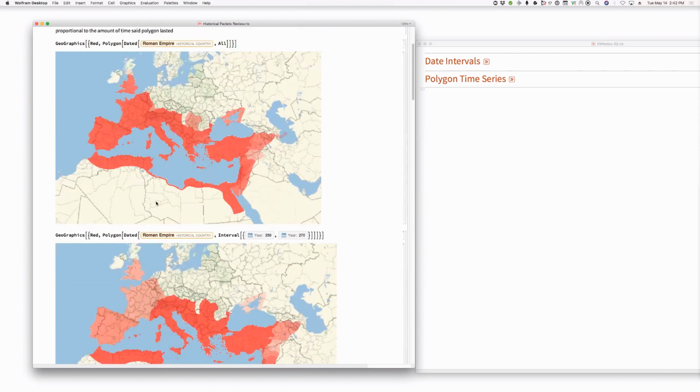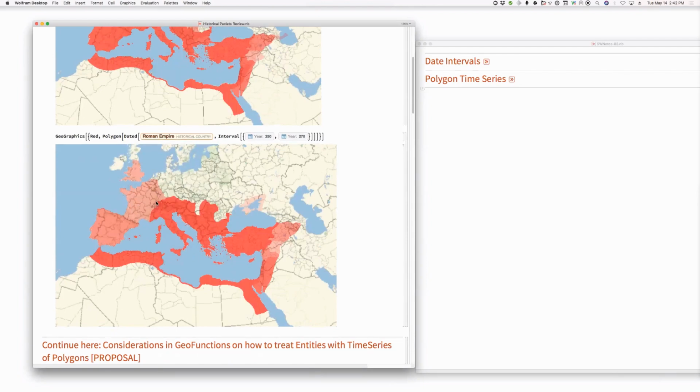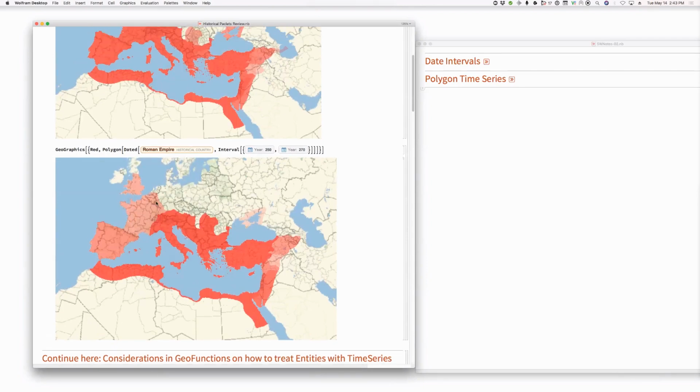But I think people are going to want that. That was another thing we discussed, right? What happened with that discussion of being able to list things, some kind of weighted geographics where you could in principle list something? It's similar to geo-region value plot, if I'm not mistaken, but where you're weighting particular polygons, right?